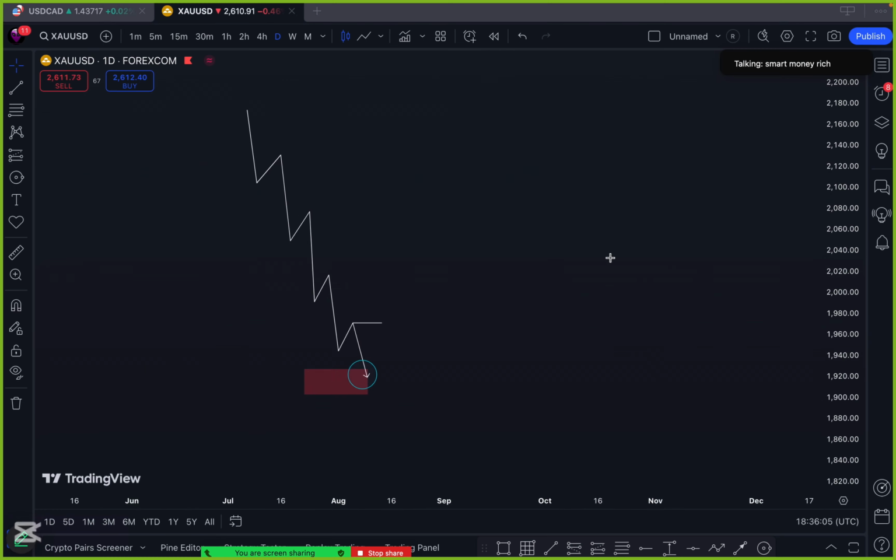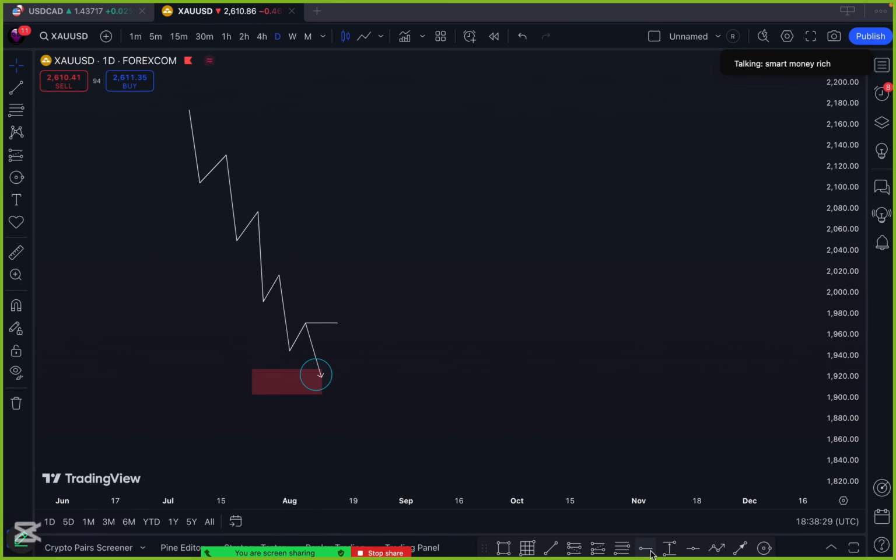Now, once price approached this zone, all the buy orders will now be taken, and it will cause a sharp market movement to the upside. Remember what I said, guys?